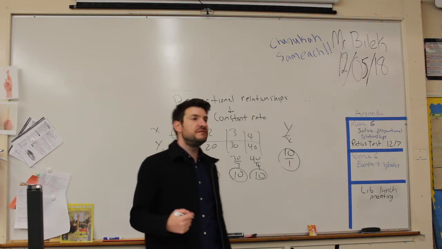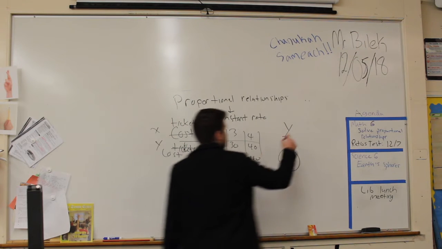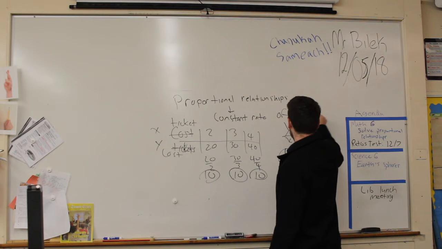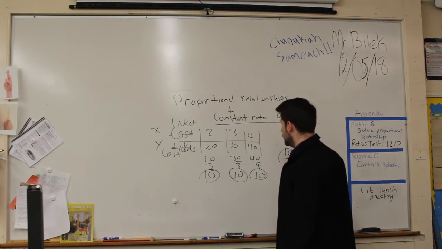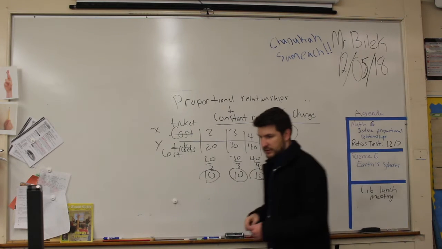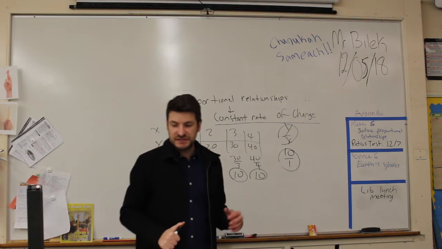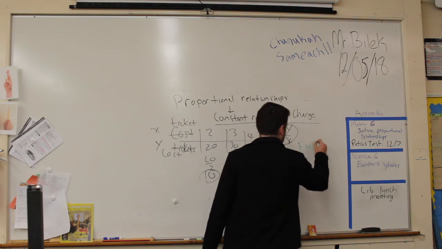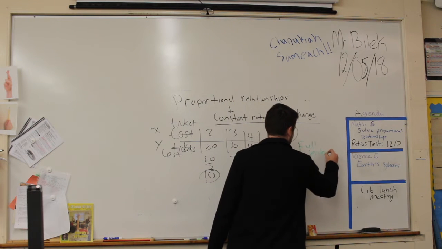And if I ask you to find the constant rate of change, all I'm asking you to do is find my y over x among proportional relationships and then tell it to me in a full sentence.